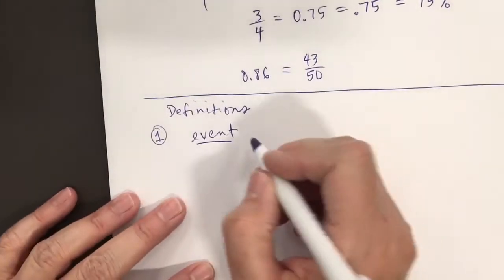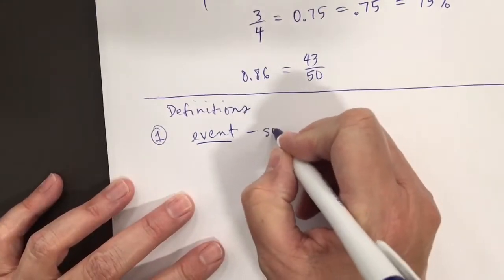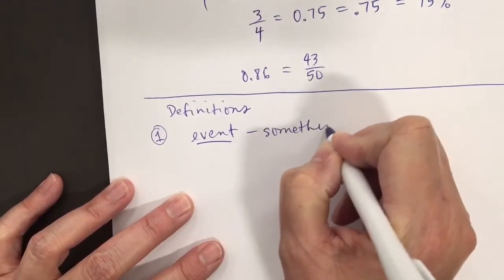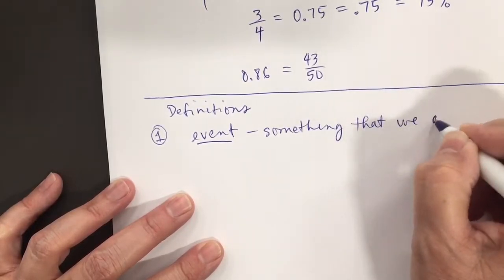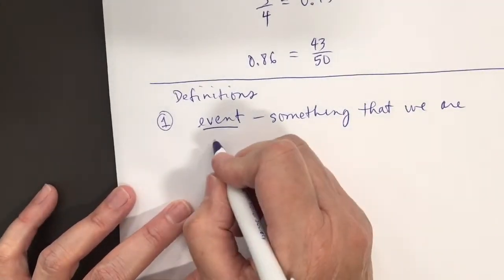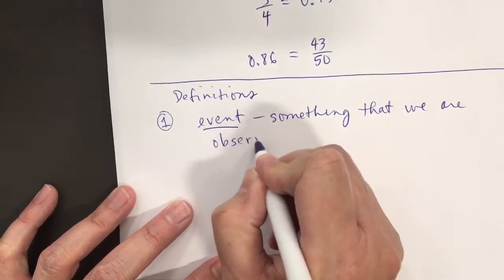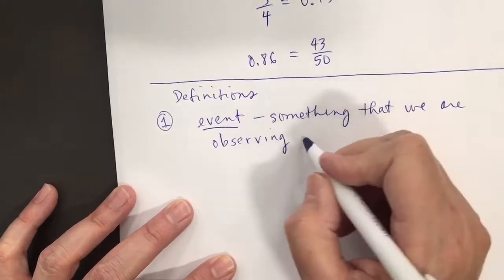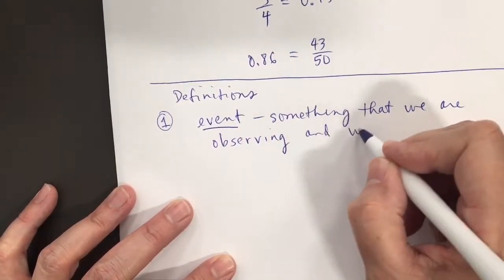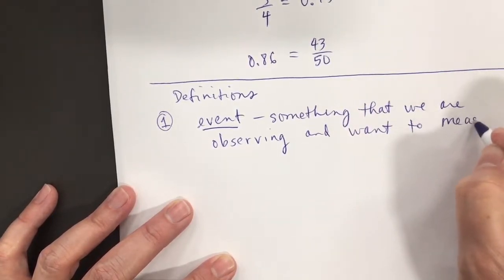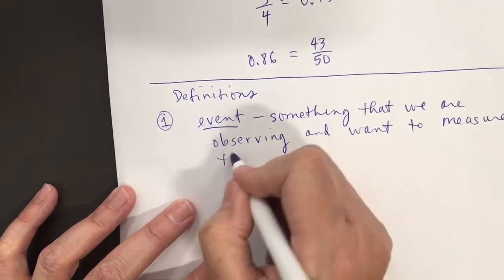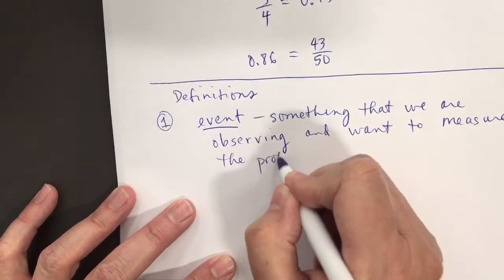So for event, I'm going to write something that we are observing and want to measure the probability of.